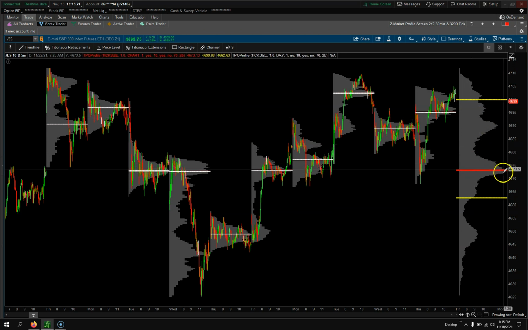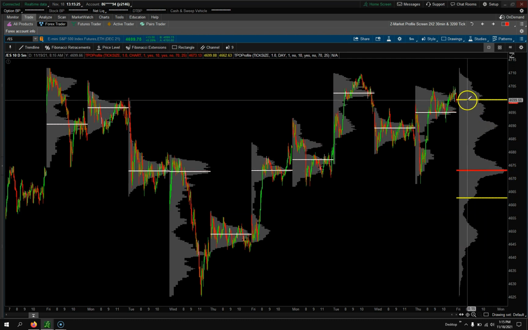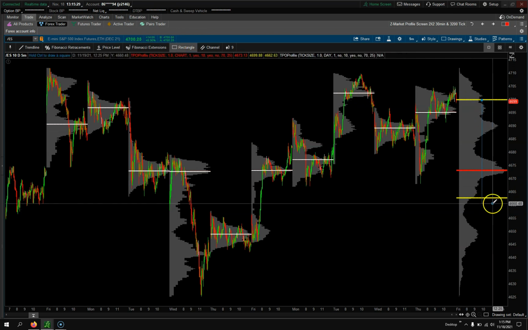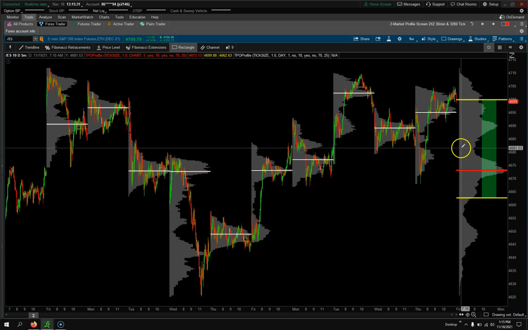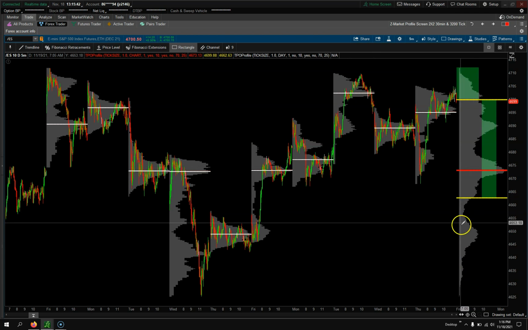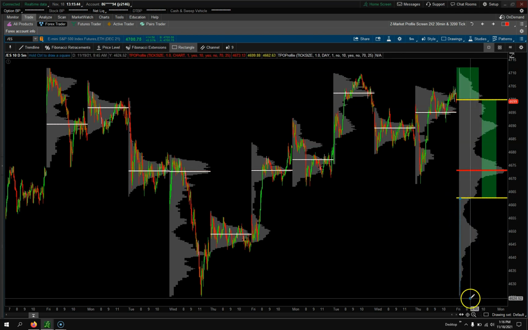This is where most of the volume has traded, and from your value area high to your value area low, all of this is 70% of all the volume that's traded. The other 30% is from here to here, and from here to here.